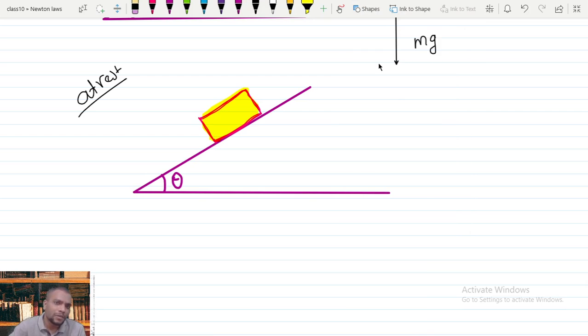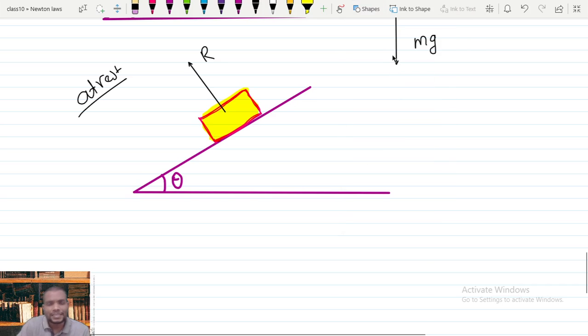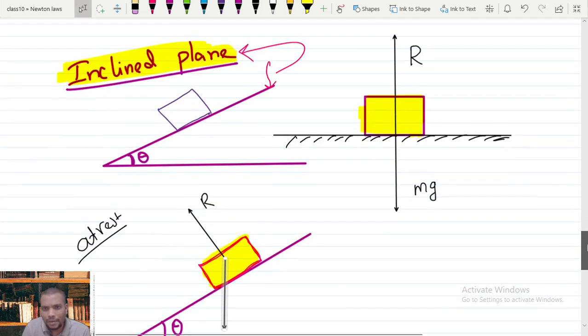As usual, we represent the normal reaction force R in the upward direction, and to balance the normal reaction force we have the weight. Now the weight acts exactly in the downward direction, so it is not exactly the same as in the above case.